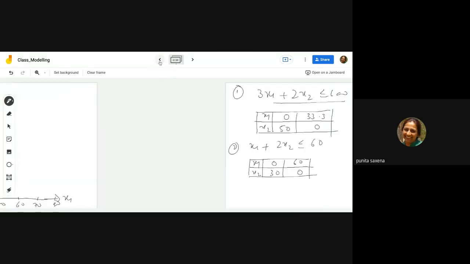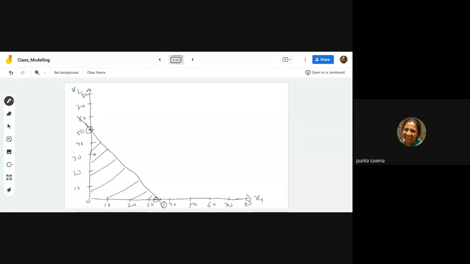So 0, 30 and 60, 0. Am I right or wrong? I'm right. So 0, 30 is this point and 60, 0 is this point. So this is going to be my second constraint.